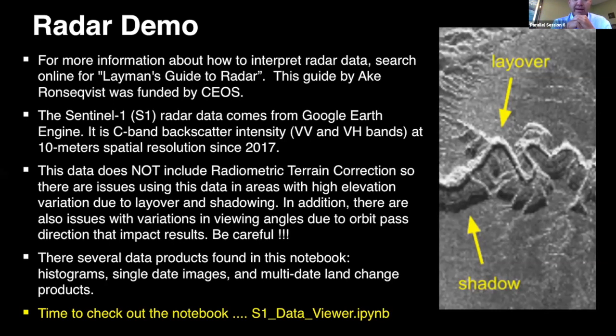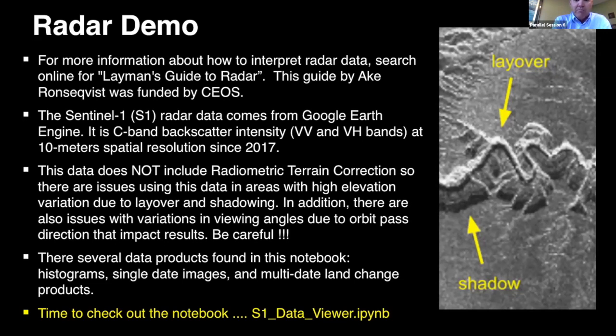Now, we have to be careful because this data does not include radiometric terrain correction. So there are some issues. If you're looking at results in high elevation areas, you're going to get layover and shadowing.